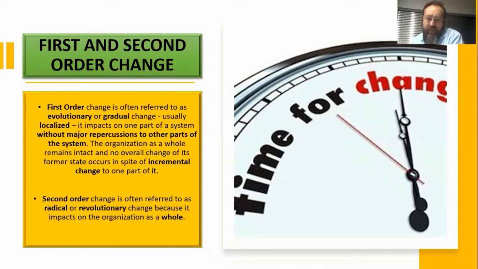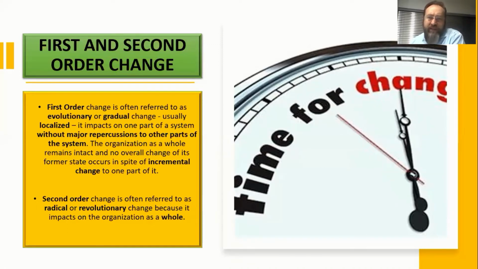So again, what smart organizations would do is apply systems thinking. So they would understand that organizations are not immune to the influences of the external environment. And of course, when we describe first order change, we're looking at incremental change.